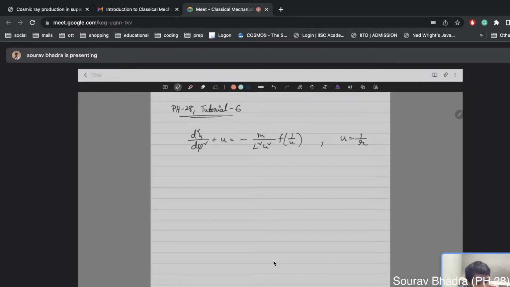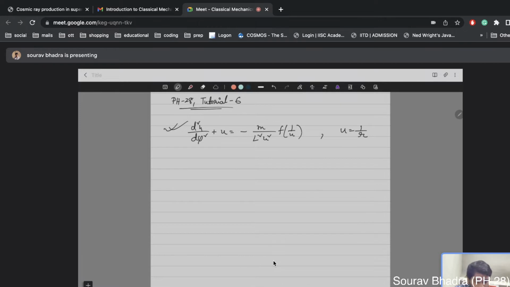Now this is a very important result. I will show some application of this result today, but before that I will derive this result using another method. I mean, from the total energy I will derive this exact same result.